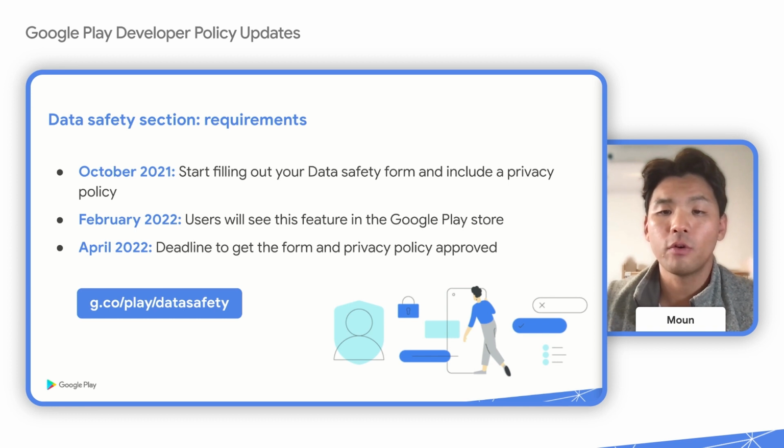And if your information isn't approved yet, then it will show as no information available. We know that some developers will need more time to assess their apps and coordinate with different teams. So you have until April 2022 before your app must have this section approved. Otherwise, your new app submission or app updates may be rejected.